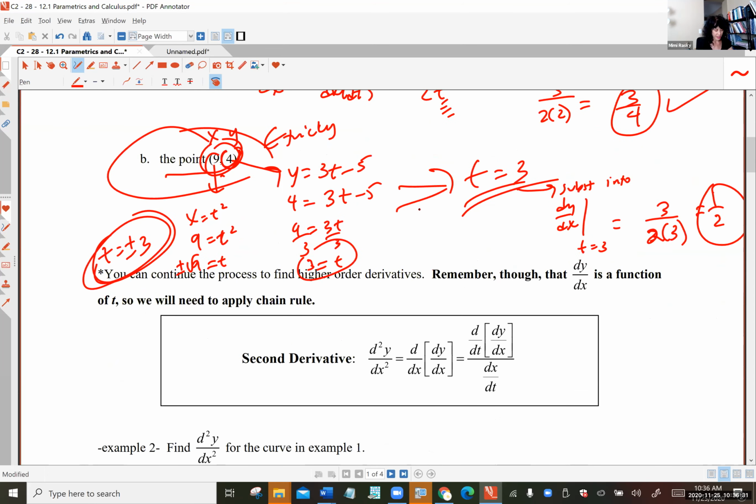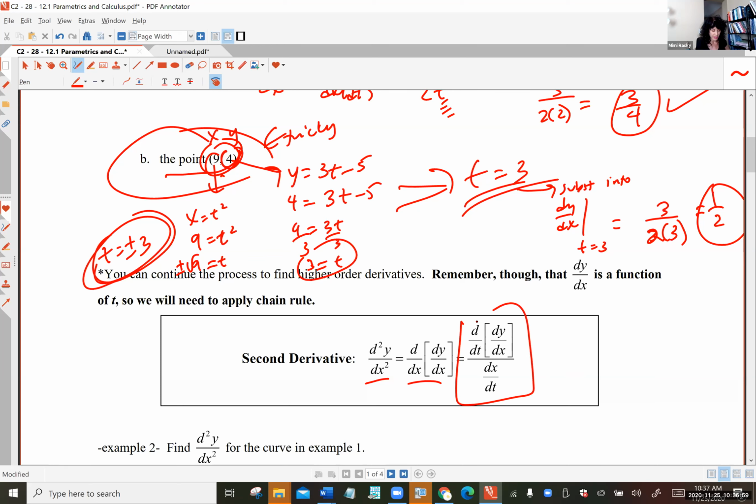Now, what about the second derivative? I'm not as interested in the second derivative, and I give very few problems like this on tests. But it turns out, and this is really weird, when you're getting the second derivative, which gives you access to the concavity, is it concave up or concave down, you basically take the derivative again of your first derivative, and it's this formula.